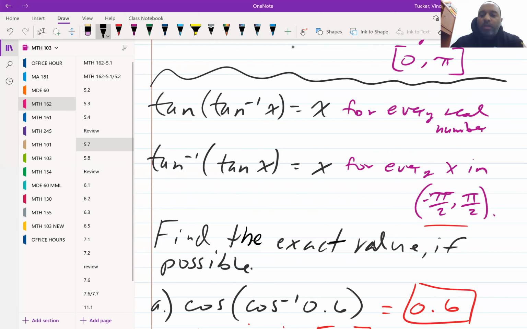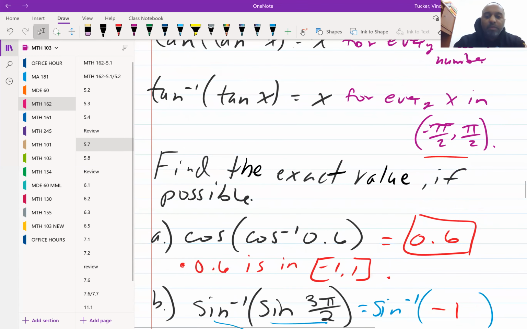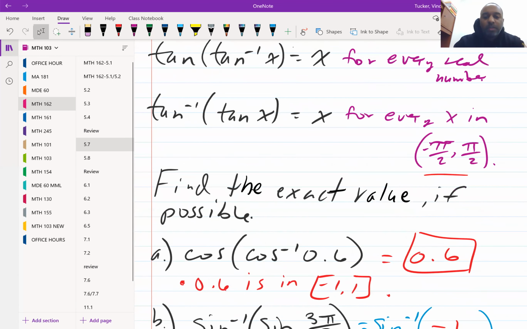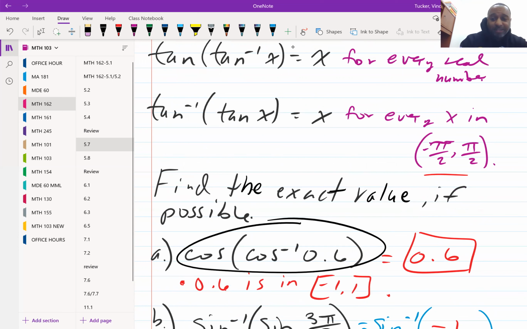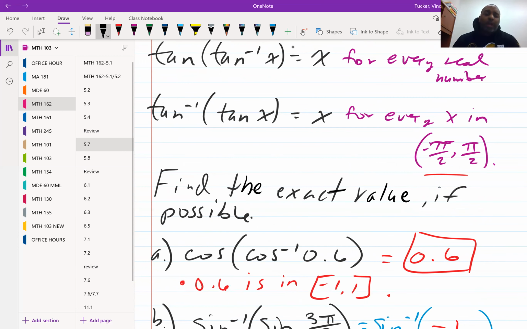All right, so directions, find the exact value, if possible, is key there. So this first one, the problem is in black, of course, got answer in red. So we have cosine applied to cosine inverse of 0.6.